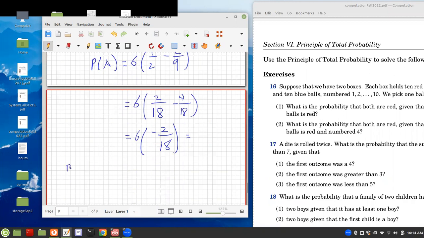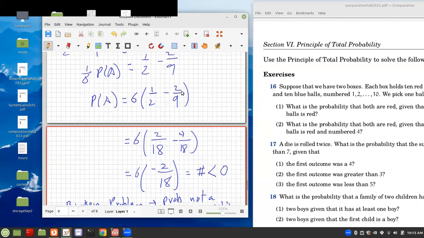So this is a broken problem, because I'm getting here a number that is less than 0, because I've got this negative sign. That means that my probabilities were not a good probability model. And that arose because I just chose numbers.